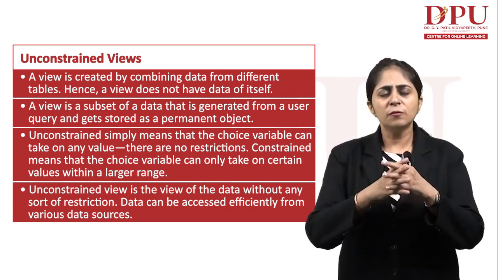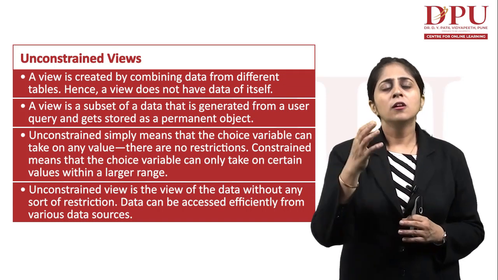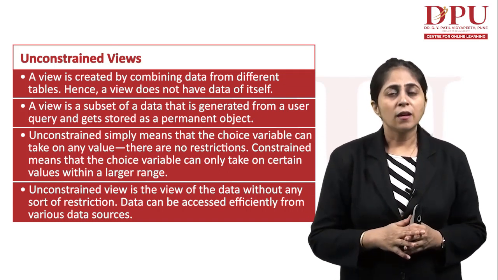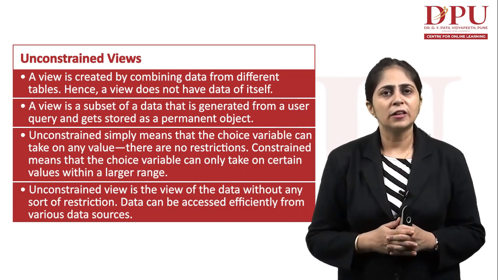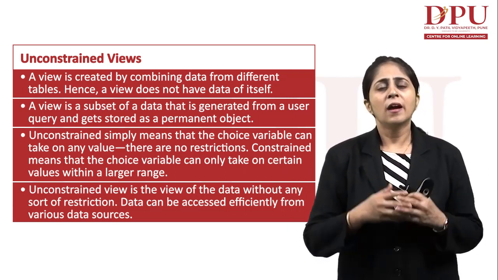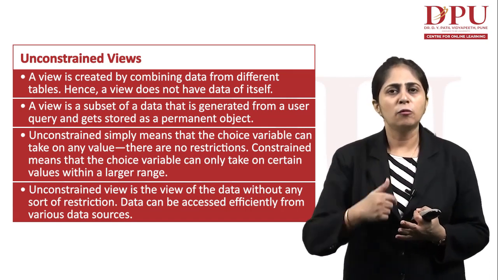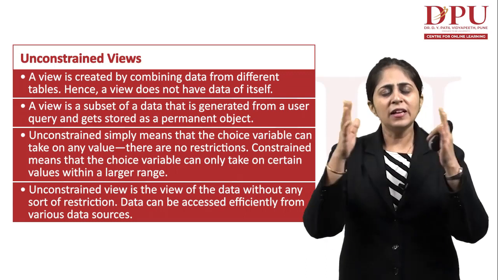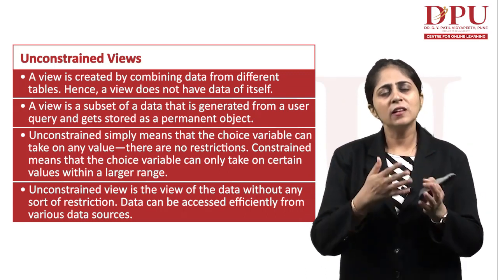This view will not have data of its own, but it can be used to visualize the data. This data will be gathered from various tables stored at different data sources. Unconstrained means that we have no restriction on what data we want to access, and we have a view which can be used in any form.